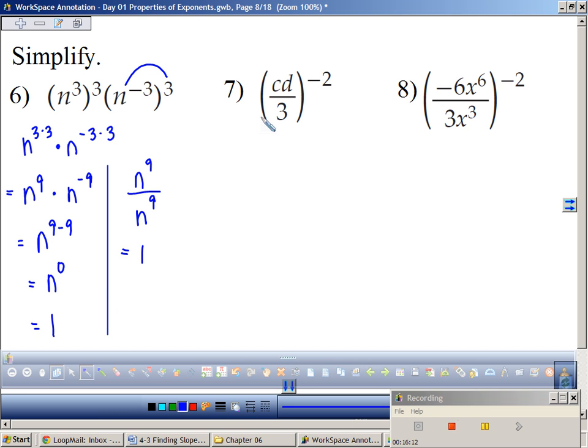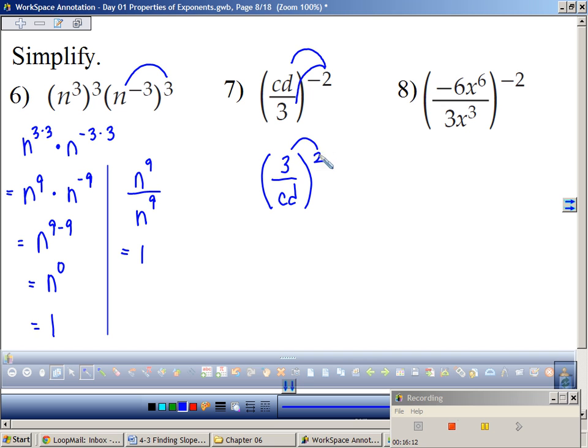All right, let's do this one. Also 2 ways to do it. Remember our inverses? So I can either apply my -2 to the numerator and the denominator, or I could just say, well, the inverse of -2 is +2, and the inverse of CD over 3 is 3 over CD.